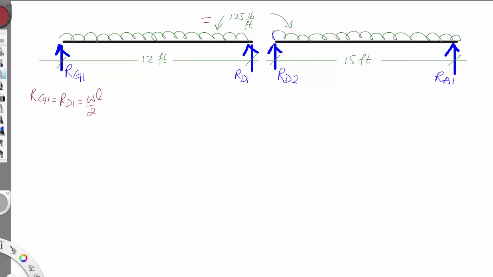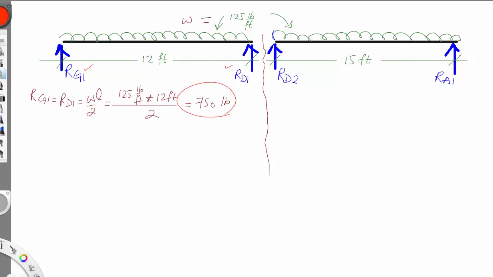Of course this is W, and we have the uniform load, which is 125 pounds per foot, multiplied by 12 feet and divided by 2, which is equal to 750 pounds. So this is the first reaction for this and for this.